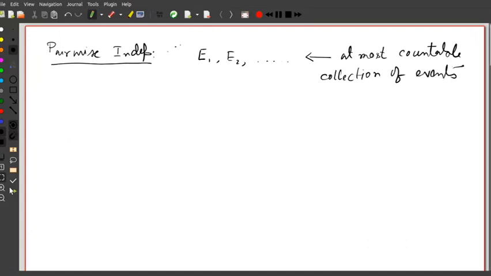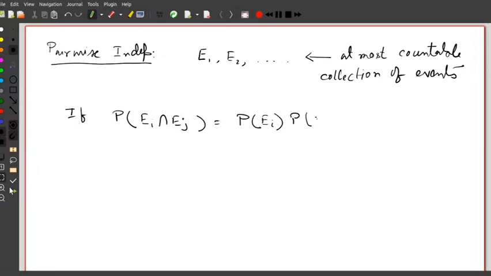And we say that this at most countable collection of events is pairwise independent if the probability of Ei intersection Ej turns out to be the probability of Ei multiplied by the probability of Ej for i not equal to j. So I take any pair from here, and if that turns out to be independent, then it is pairwise independent.